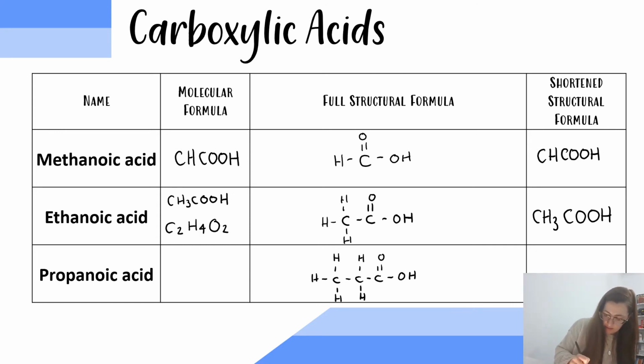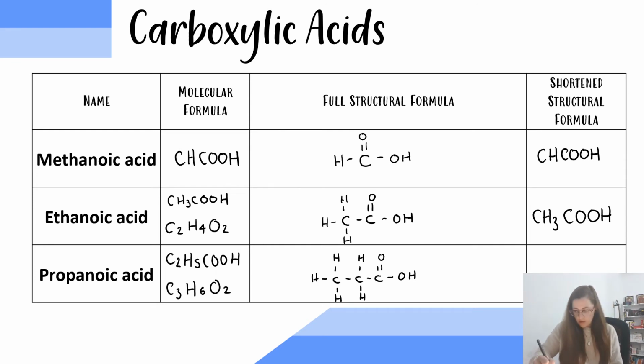We could have C2H5COOH, or we could have C3H6O2. Shortened structural formula, CH3CH2COOH. So if you could pause the video just now and fill out the rest of the table for the carboxylic acids in your pupil booklets.